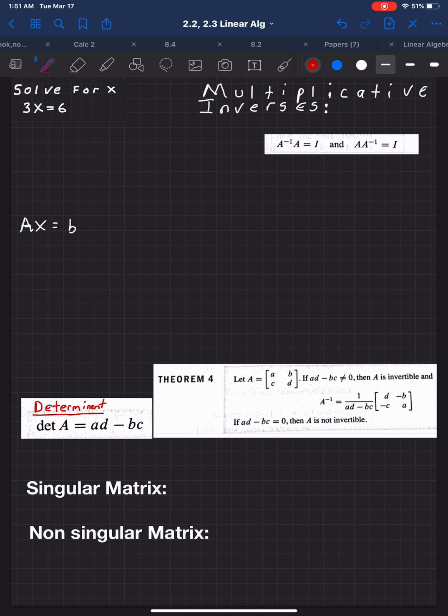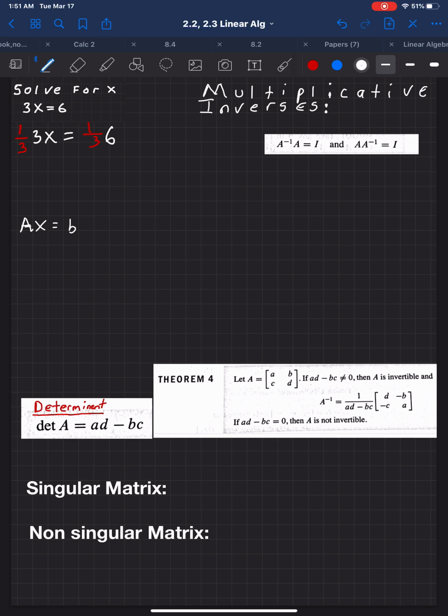What if we multiplied both sides by 1/3? In other words, we multiplied both sides of that equation by the multiplicative inverse of 3.